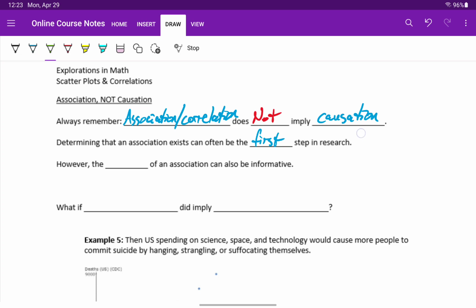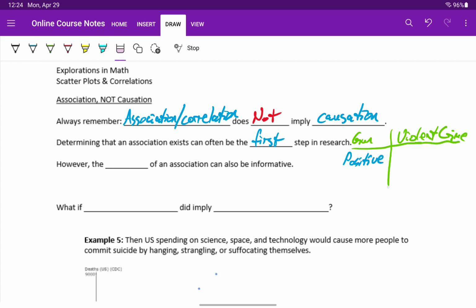If we were to consider two variables like gun ownership and violent crime rates, there are a few different possibilities that we could see if we collected that data and calculated the correlation, looked at the strength of that association. We could see a positive association, which would mean that both variables change in the same direction.